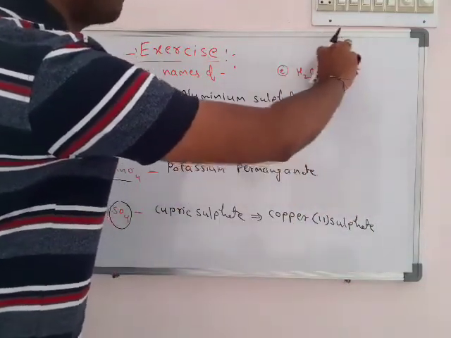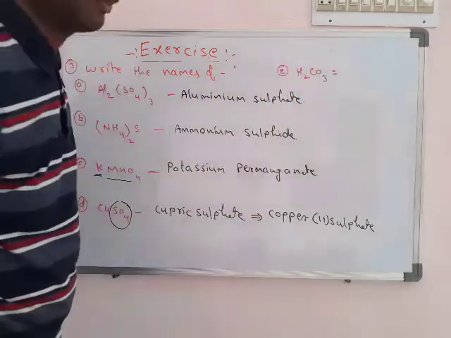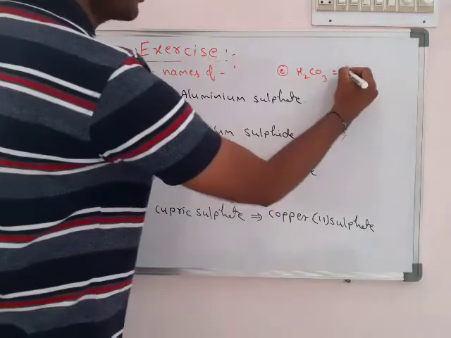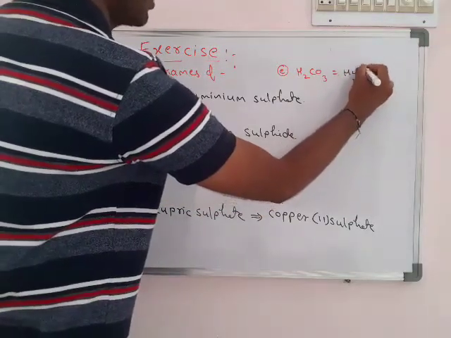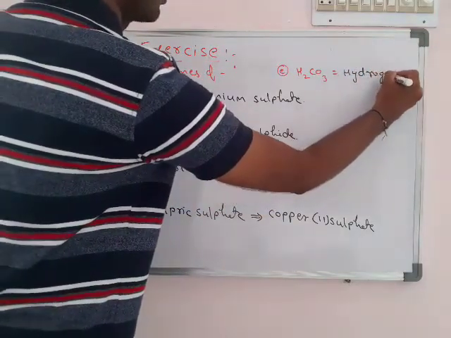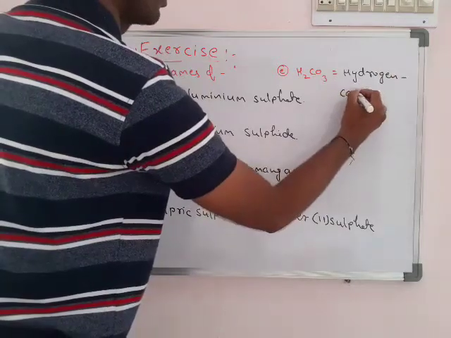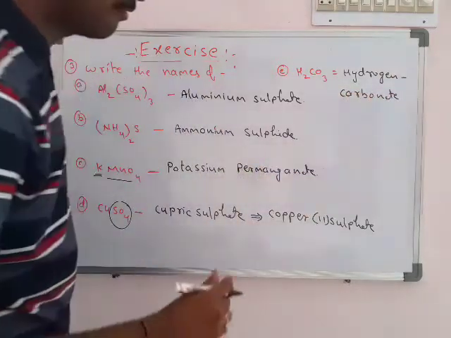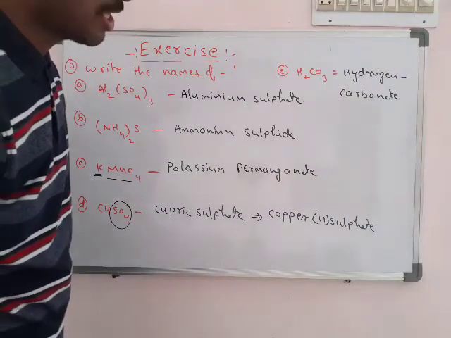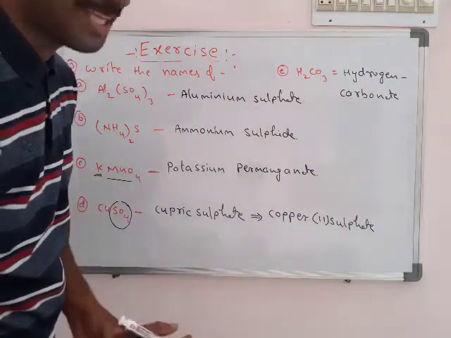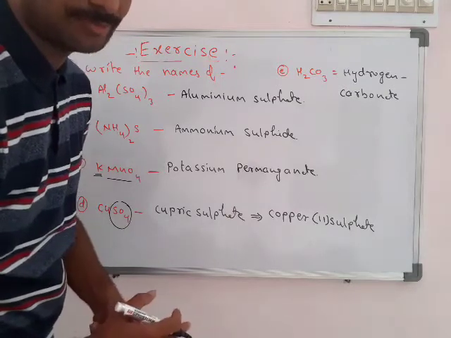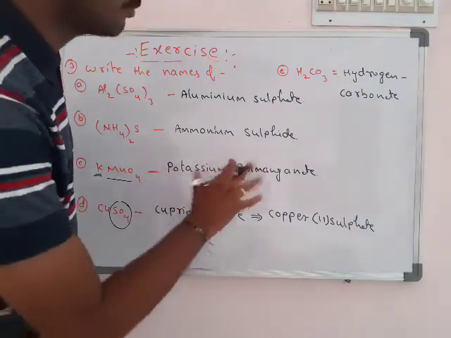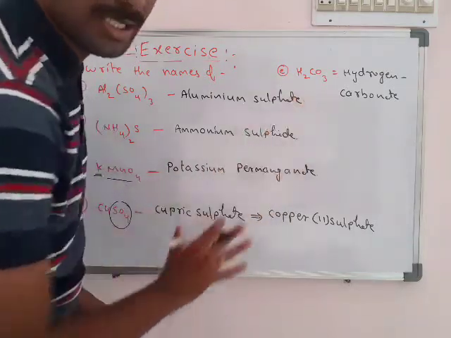We need to combine the names hydrogen and carbonate, so we can write it's called hydrogen carbonate. It is also possible that H2CO3 has a common name, carbonic acid, but here we are giving the names based on their procedure.